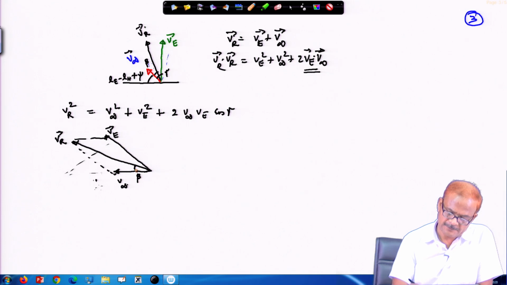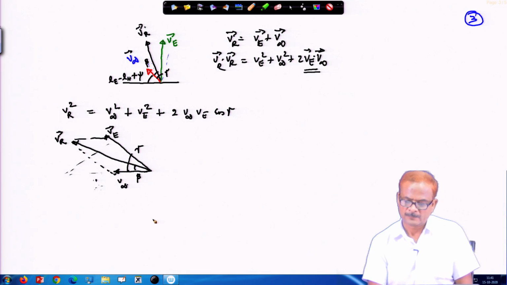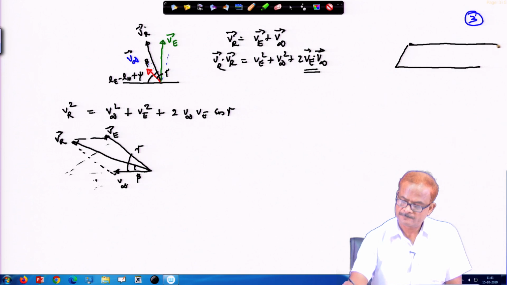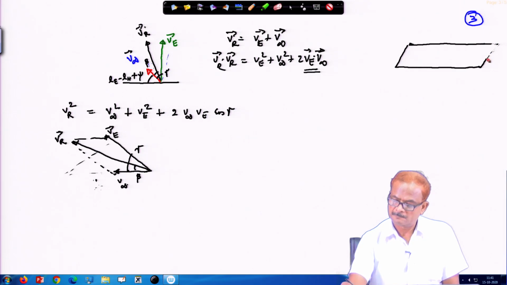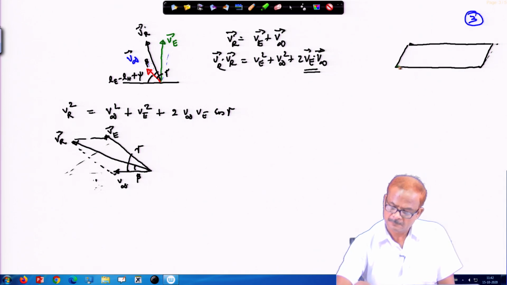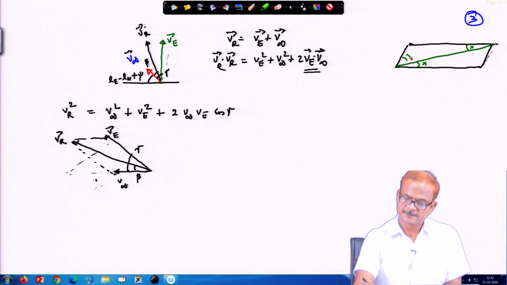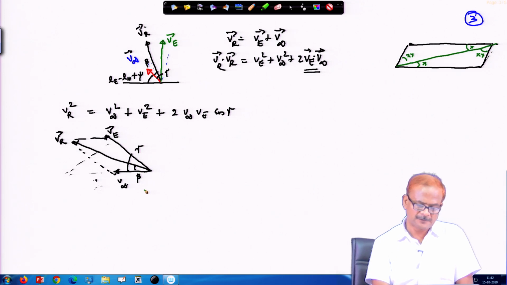This angle we have shown by beta, and this whole angle as gamma. Remember, this angle and this angle, they are not same. Therefore, gamma and beta, they are not the same.